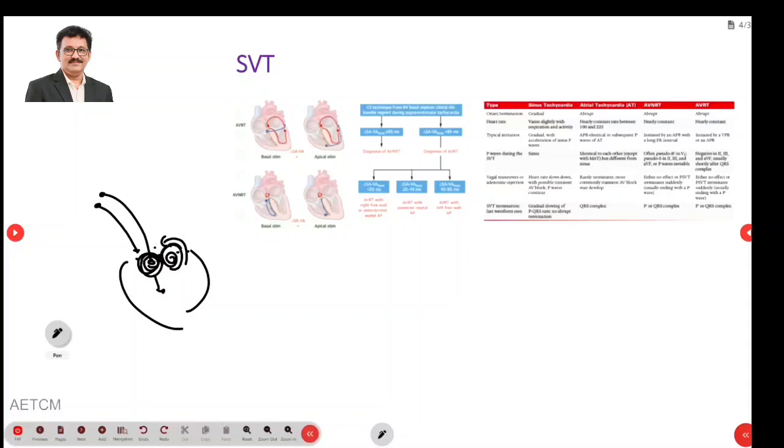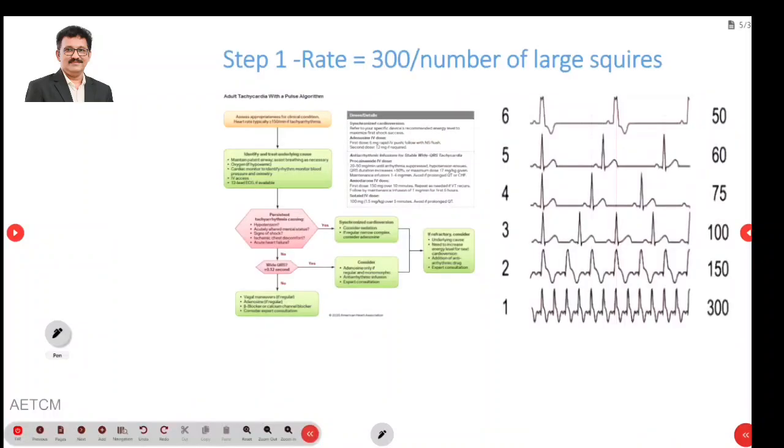Every time it loops, it produces a heartbeat. So the heart rate will be much higher and that can produce tachycardia. This is AV re-entrant tachycardia, and atrial fibrillation is multiple foci from everywhere. So all these things can produce tachycardia. Supraventricular tachycardia is one important cause for tachycardia.